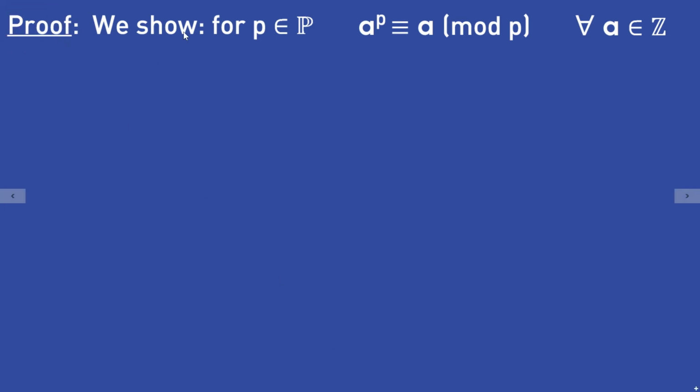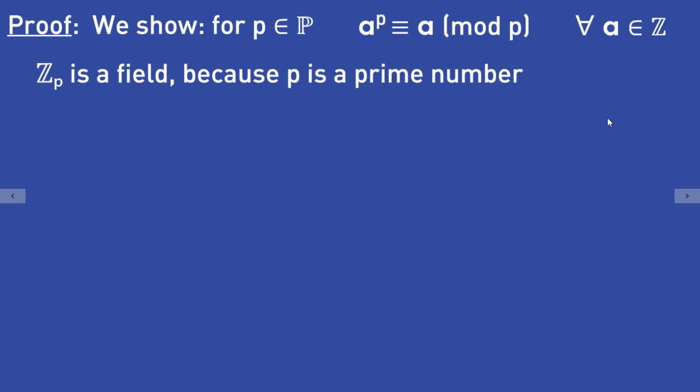So we want to show that for a prime number p, a to the power of p is congruent a modulo p for all integers a. To show this, we take a look at the residue class ring Z_p. You may already know that this set Z_p is not only a ring but also a field, because p is a prime number.